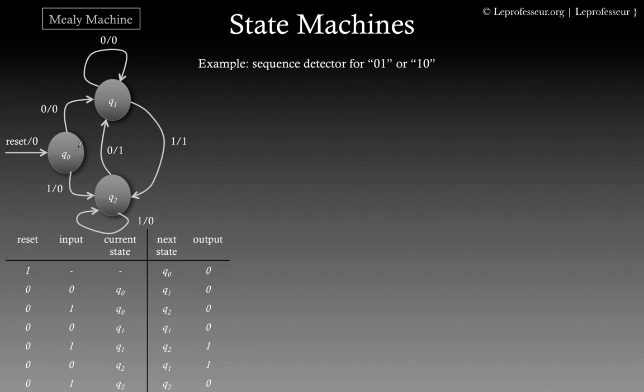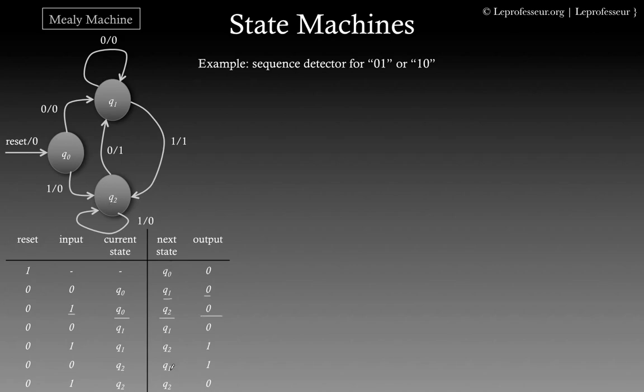Now in Q0, as we discussed, if input is 0, current state is Q0, it moves to the next state Q1, and the output is 0. Now if the input is 1, the current state is Q0, and it goes to the Q2 state and the output is 0.